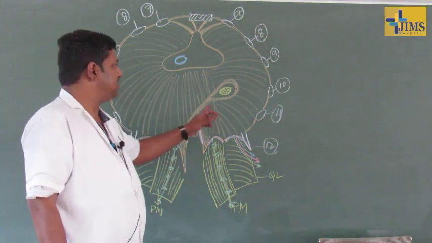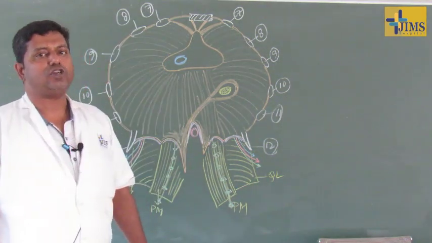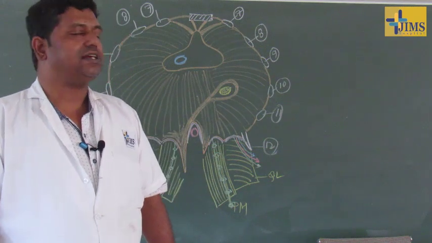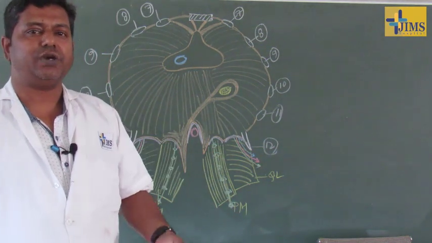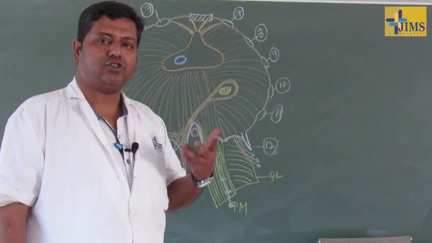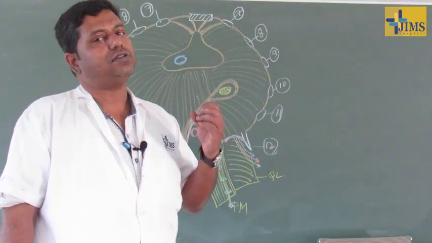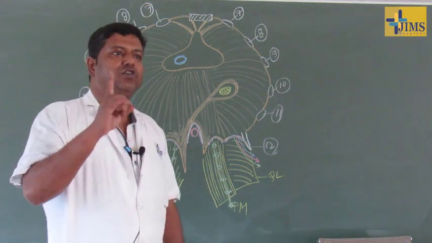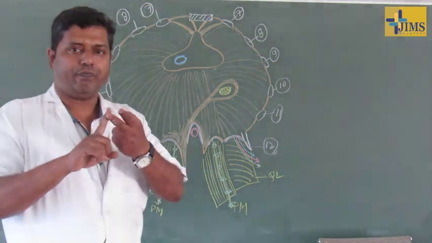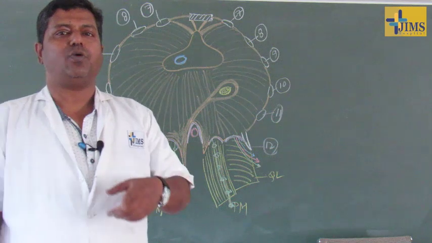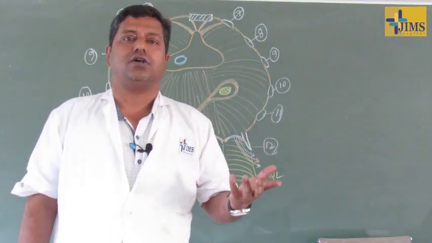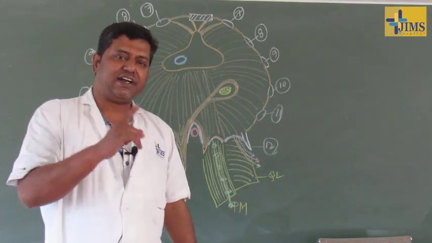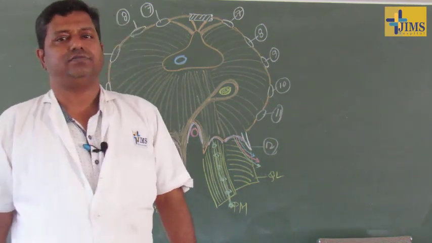Now, what are the structures passing through the esophageal opening? As the name suggests, the esophageal opening will transmit the esophagus. So, number 1, esophagus. Number 2, the anterior and the posterior vagal trunks. Now, you know in the thorax there are 2 vagus nerves, the right vagus nerve and the left vagus nerve.